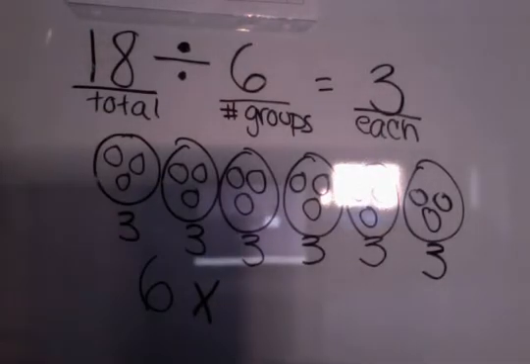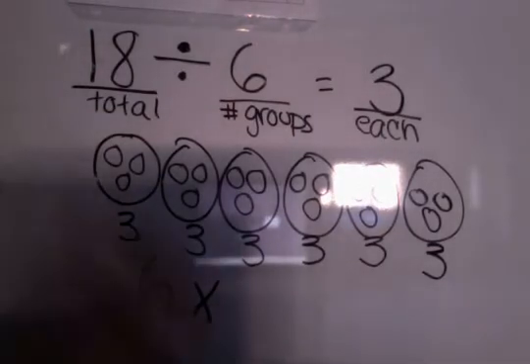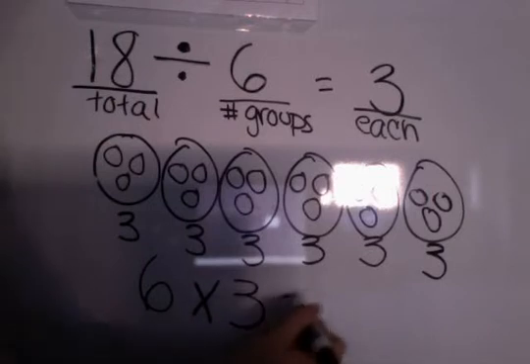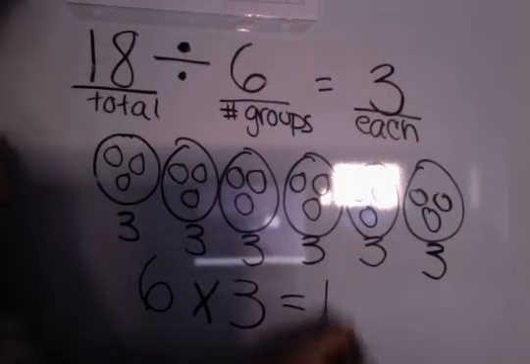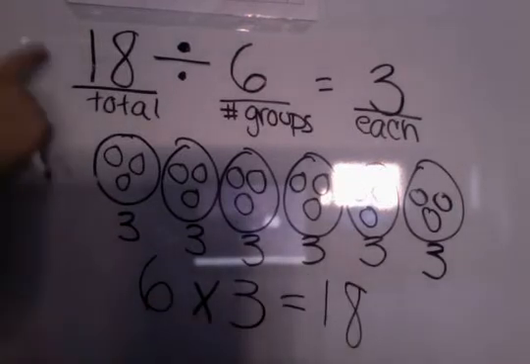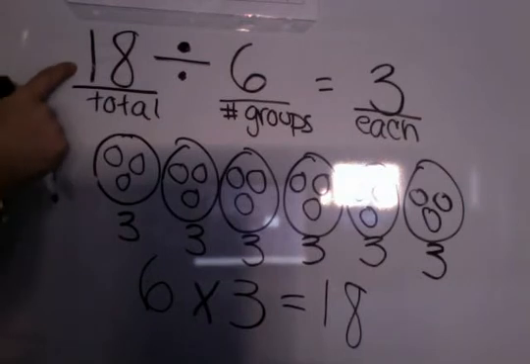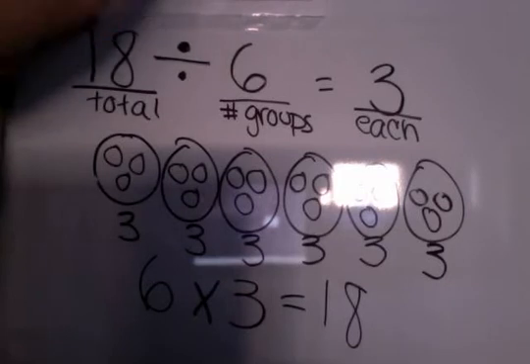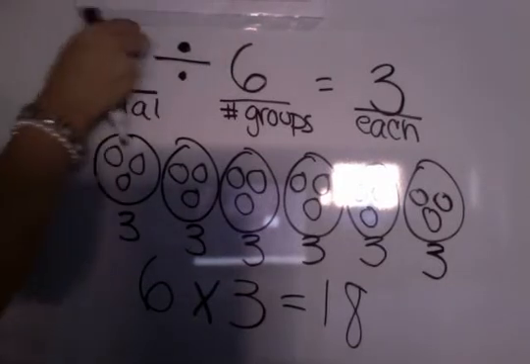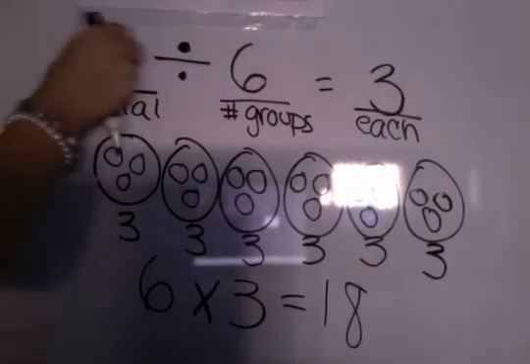How many are in the groups? 3, and that equals, how many dots did we have total? 18, very good. So if 18 divided by 6 equals 3, then 6 times 3 equals 18. There's that fact family again. 3 numbers, we're just moving them around to make 2 division sentences and 2 multiplication sentences.